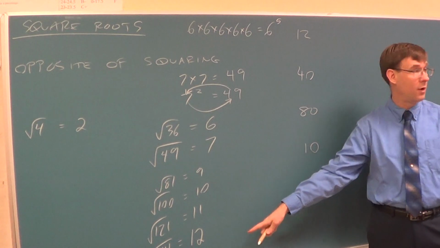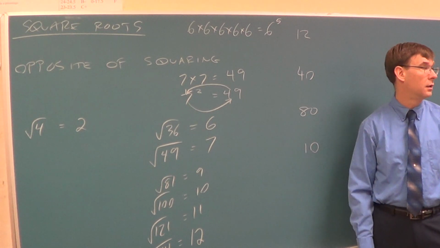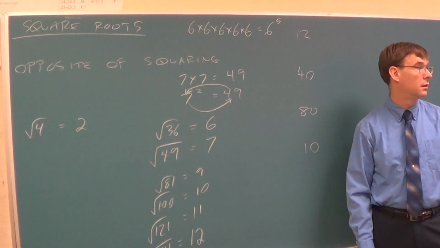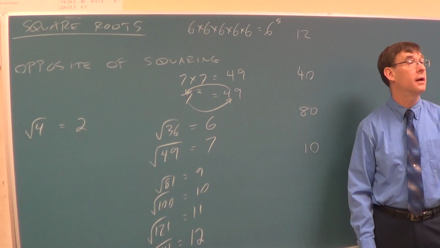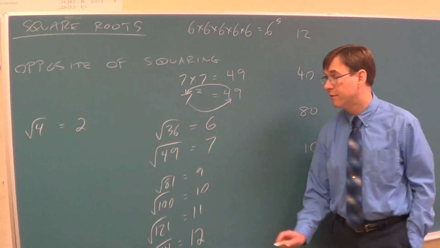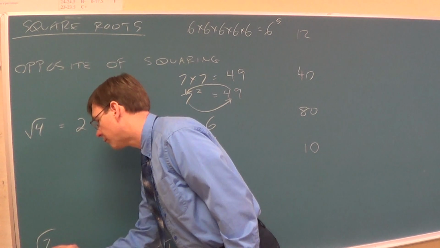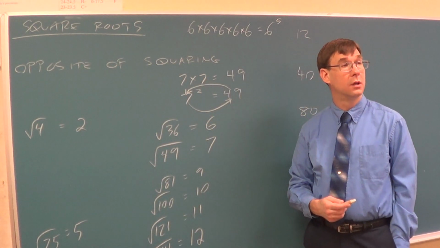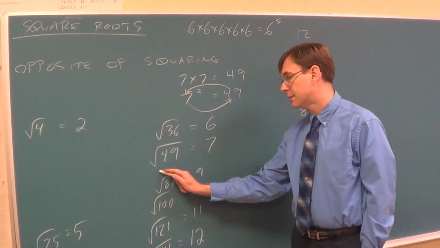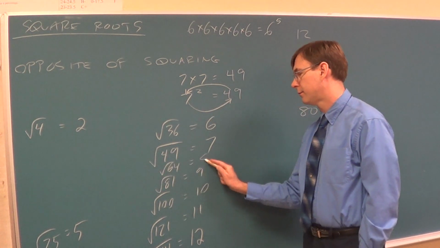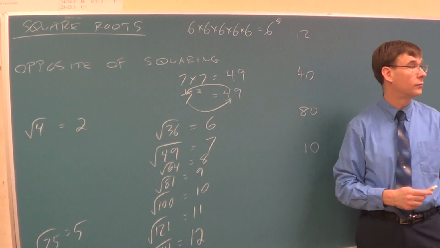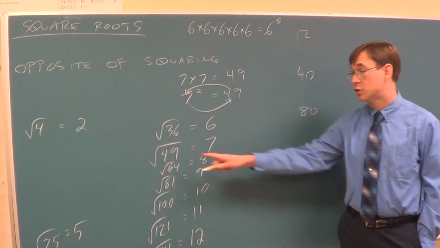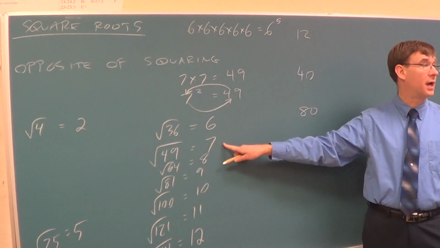We got 144 already. Okay, 25 makes 5, I agree with that. Got another one? 64 makes 8, I agree with that. 7 makes 49. Well, 49 can turn into 7, we got that one.